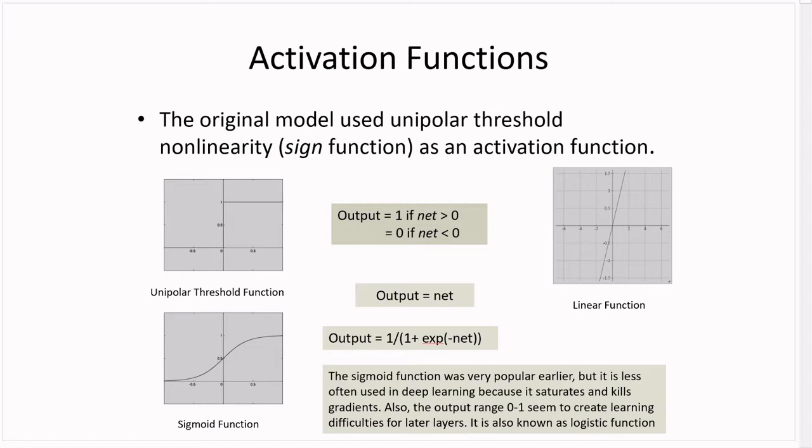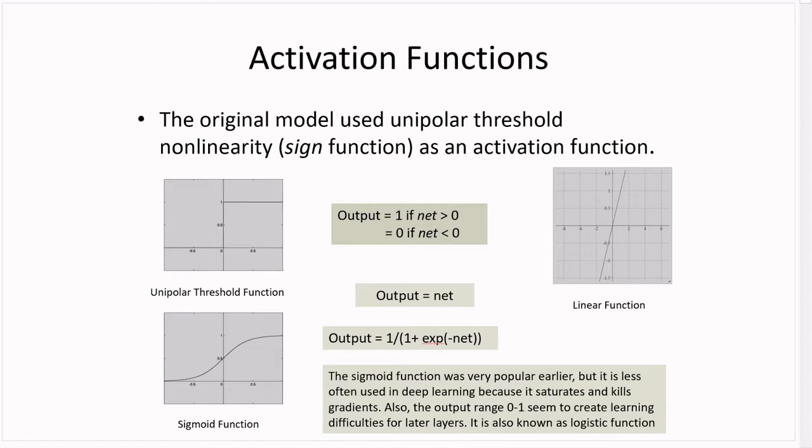The sigmoid function was very popular in the 80s, but it's not that popular in deep learning nowadays. The reason is that this function saturates as the net value increases on the positive side or on the negative side.